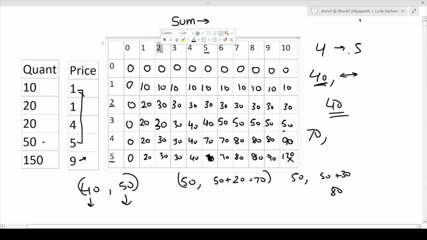Let's just suppose we have 2 rupees left with us, and since we have bought the fifth item, how many available items are there with us? We will have 4 items available to us. So 2 rupees we have, and 4 items are available to us. So what is the maximum quantity? That is 30. So what will be the value here?